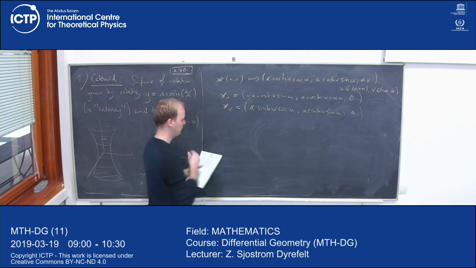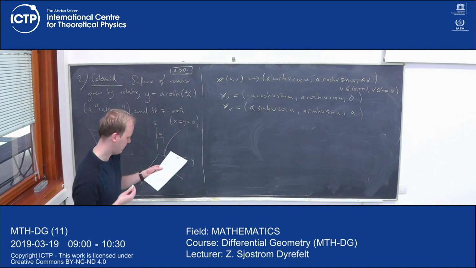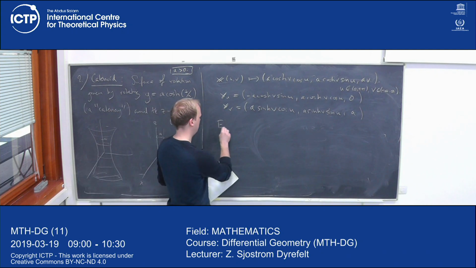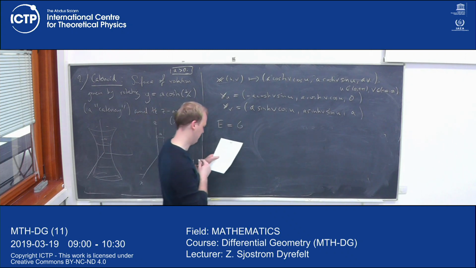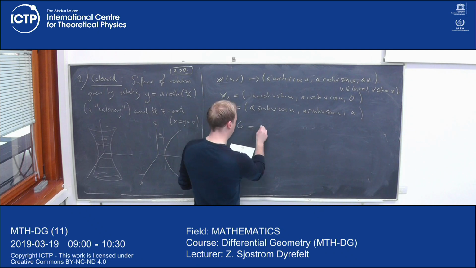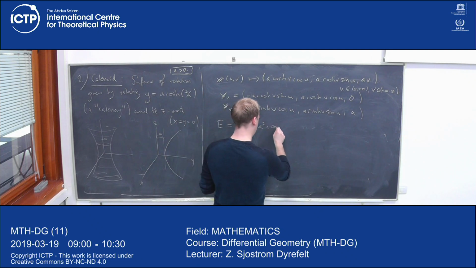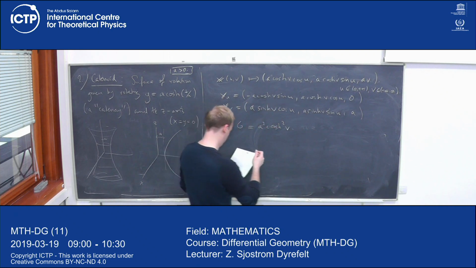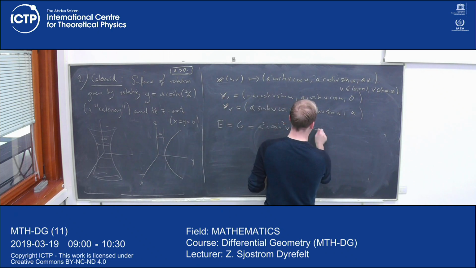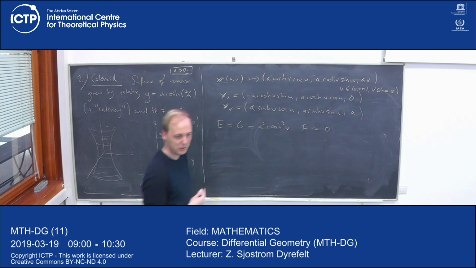Okay, so you can compute these things, and then you will get that E, which is x_u scalar product with itself, equals G equals a squared cosine hyperbolic squared of v, and F equals 0.